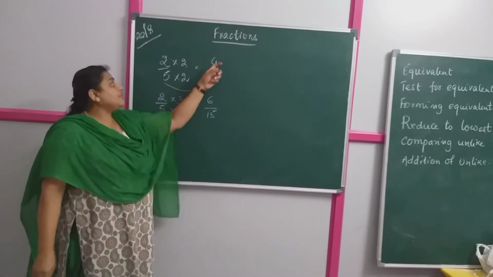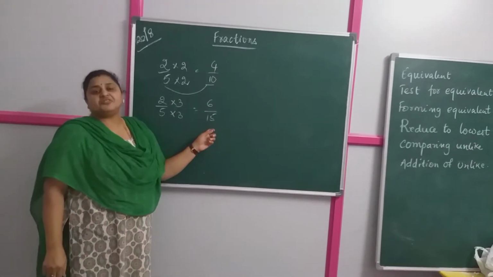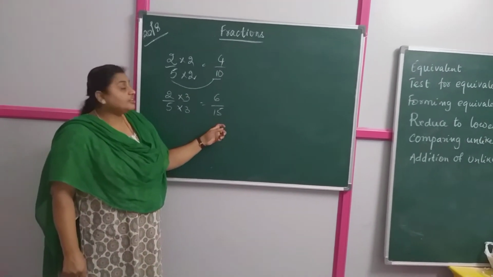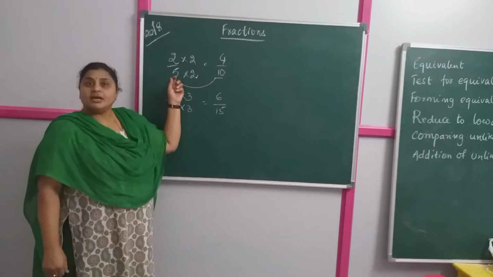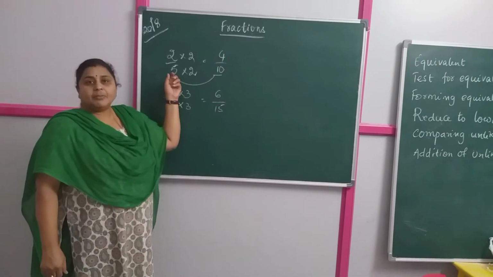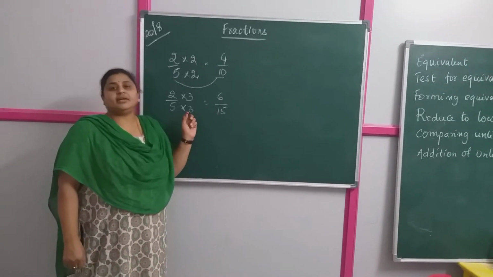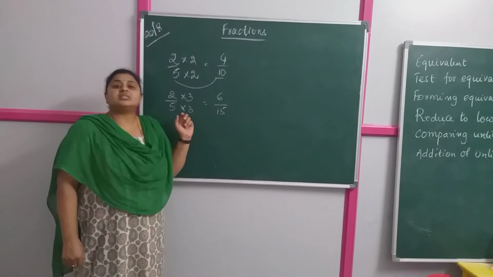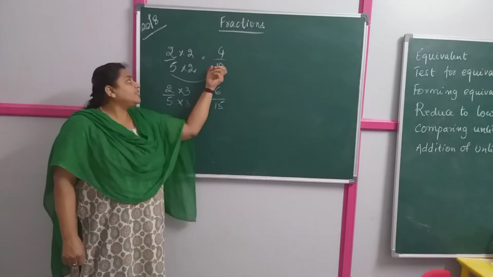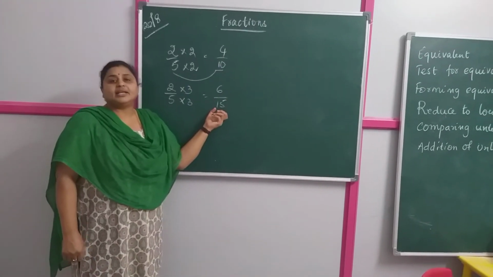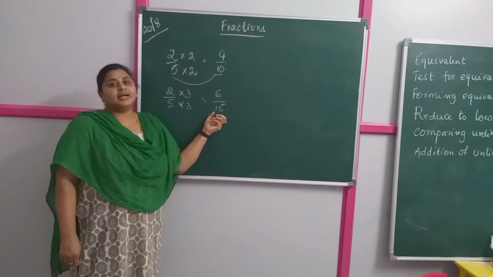So 4 by 10 and 6 by 15 are the equivalent fractions of 2 by 5. So on multiplying or dividing the numerator and denominator of a fraction with the same number, whatever fraction you get is called the equivalent fraction.